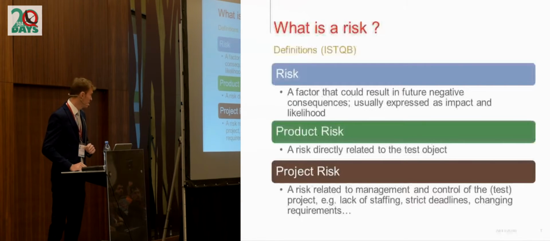The second type is the product risk, which are clearly associated to the quality of the product you are going to test, software or application or system. And that's what risk-based testing is about. It will be addressing product risk.